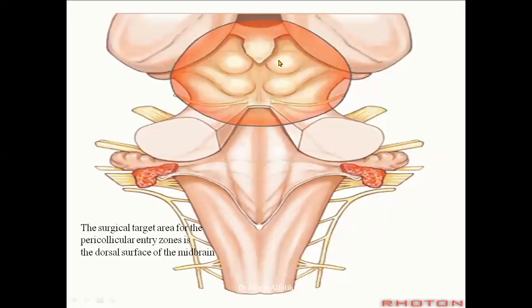Here is the superior colliculus, and here the inferior collicular entry zone. So it's suitable for dorsal surface lesions.